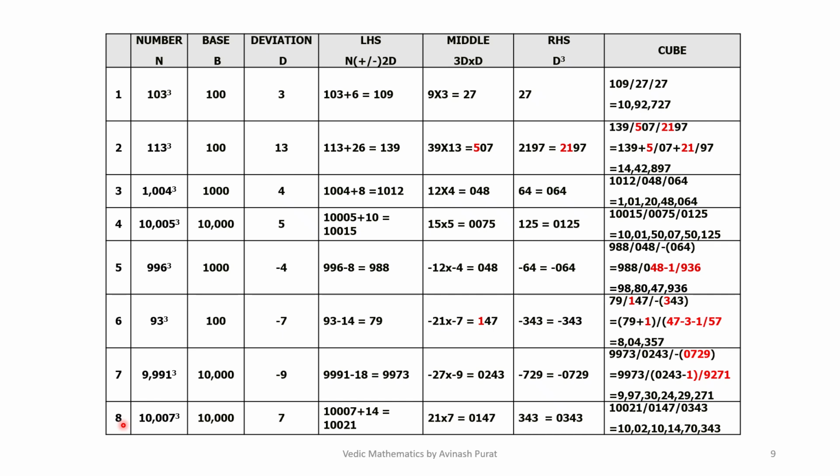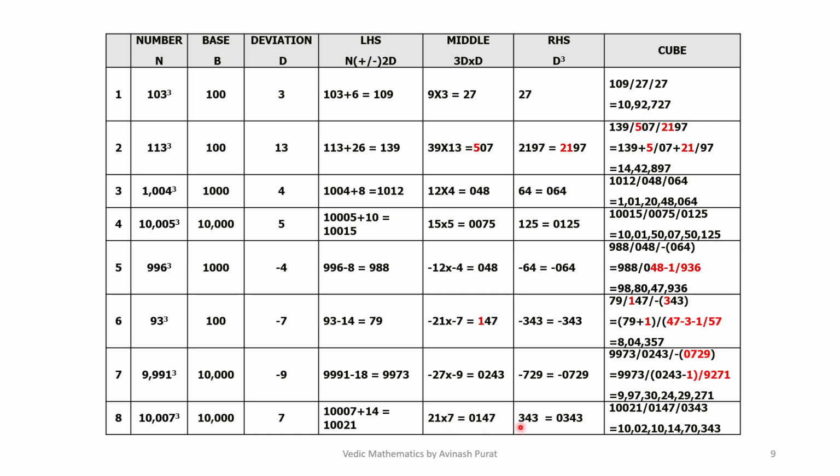And last example is 10,007 cube, base is 10,000, deviation is 7. So LHS is 10,007 plus 14, that is 10,021. Middle term is 21 into 7, that is 0147.